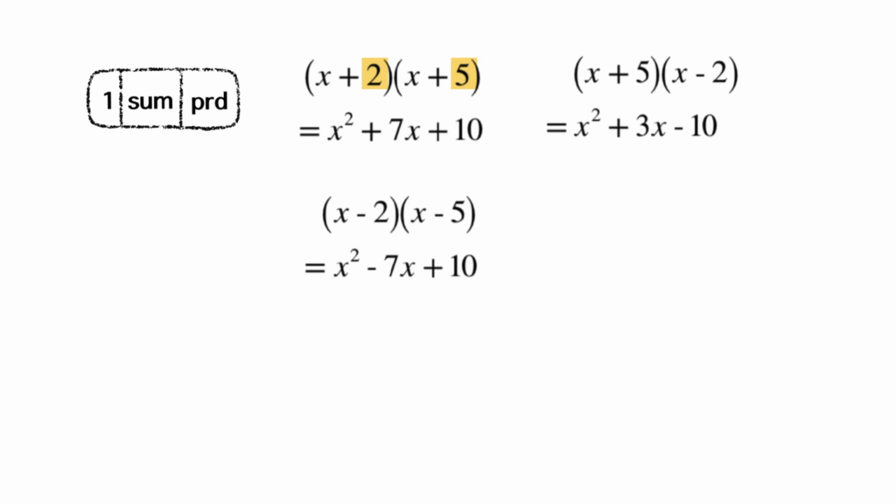When two constants are both positive or both negative, the product becomes positive. When two constants are different in sign, the product is negative.